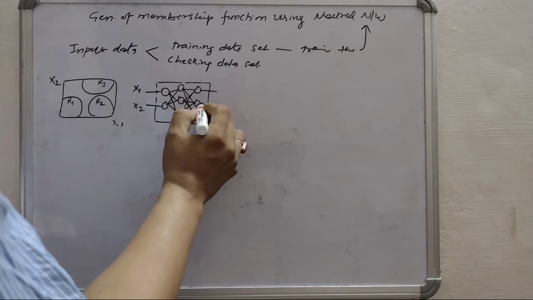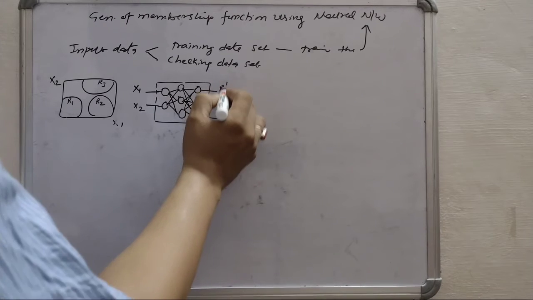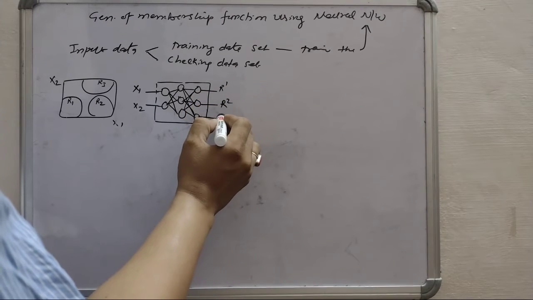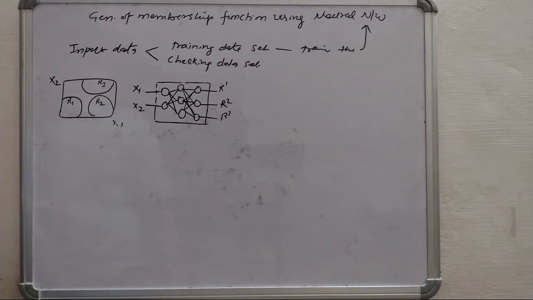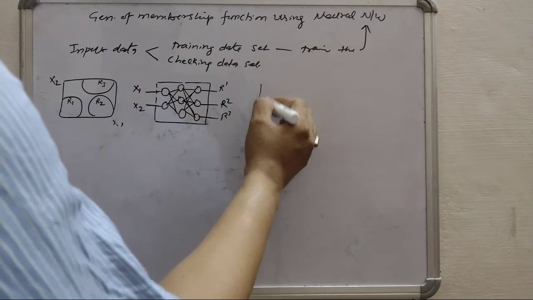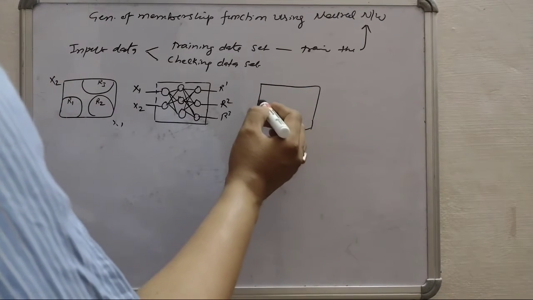We are getting output here, and the output is three regions. We can denote this like this.